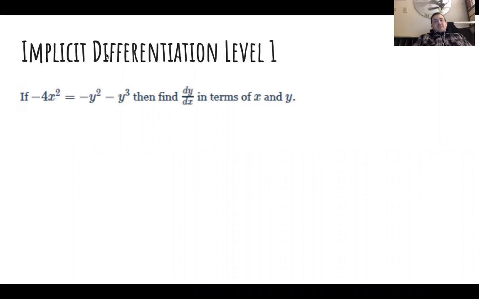All right, this one is still level 1. Now on this one, let's see. So this is telling us to take the derivative with respect to x. So on this side, this is a pretty straightforward and basic derivative. And then on this side, I'm going to write this as negative 2y dy dx. And then I have a minus 3y squared dy dx. And then now I'm going to pull out a dy dx.